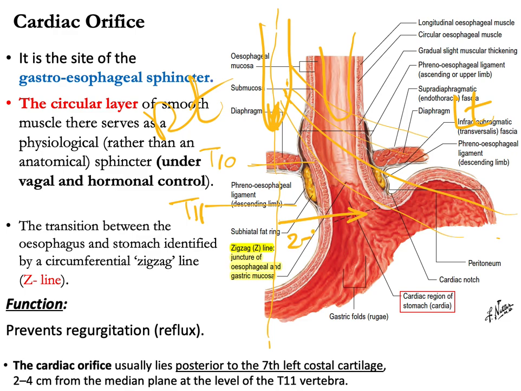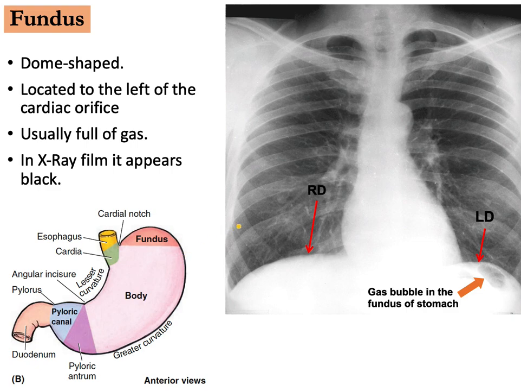So 2 to 4 centimeters from the median plane, posterior to the left seventh costal cartilage, is the location of the cardiac orifice at the level of T11.